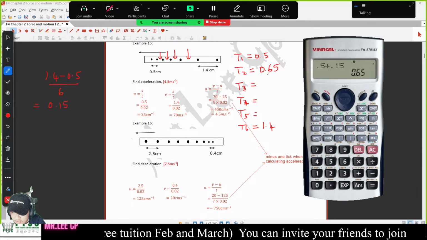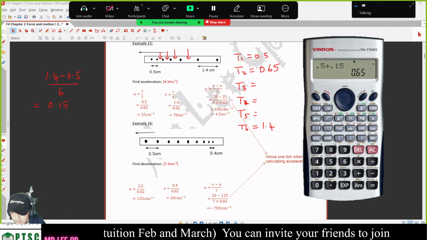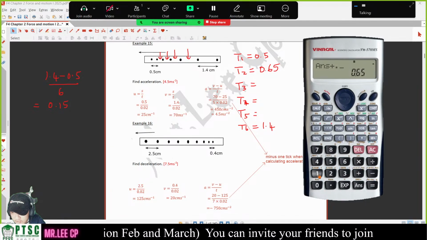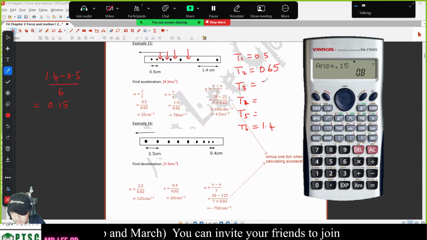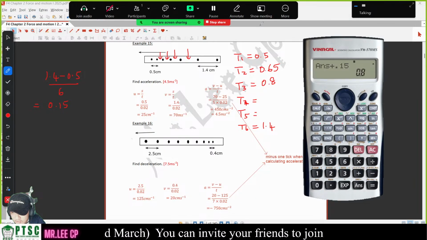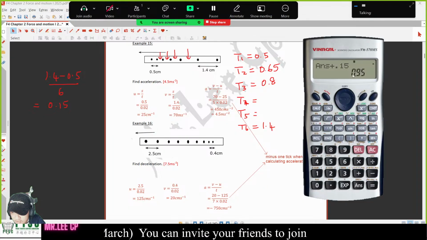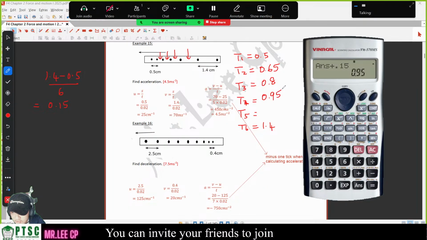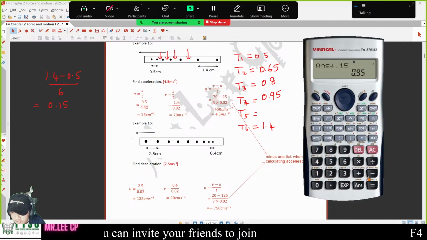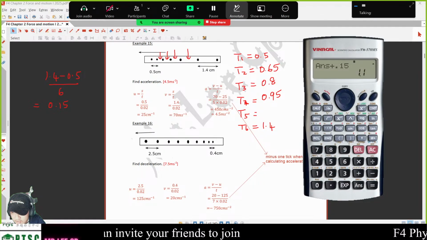This one plus 0.15 again, you get 0.8. Then the next one 0.95, and the next one 1.1.